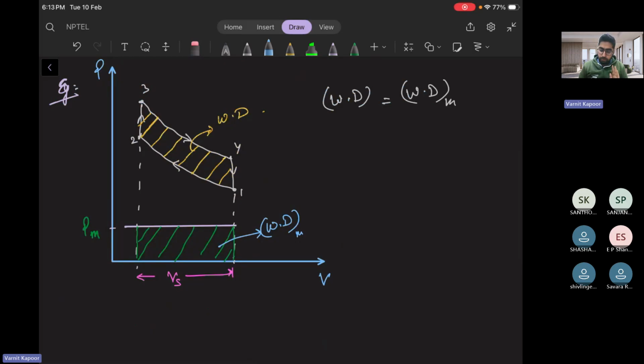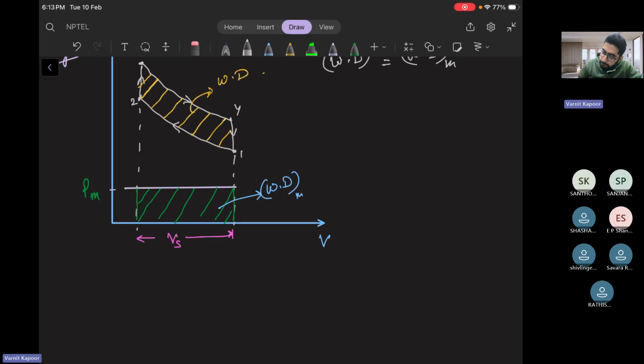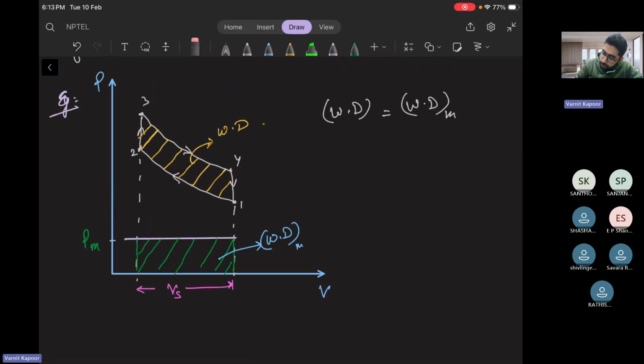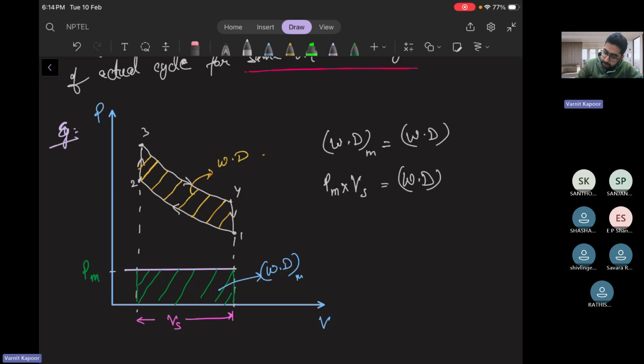So how can we write it mathematically now? This work done is nothing but PM into V swept, which is equal to the work done by the actual cycle. Any doubts? So this is net.